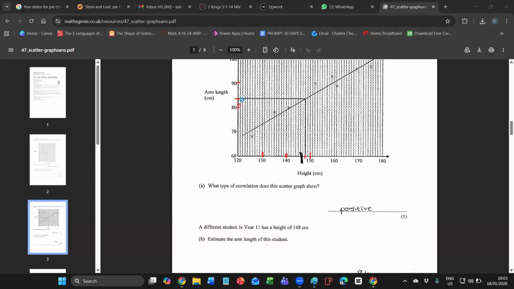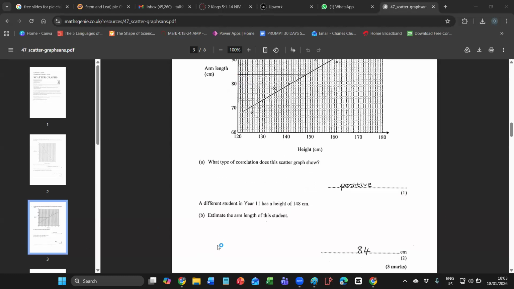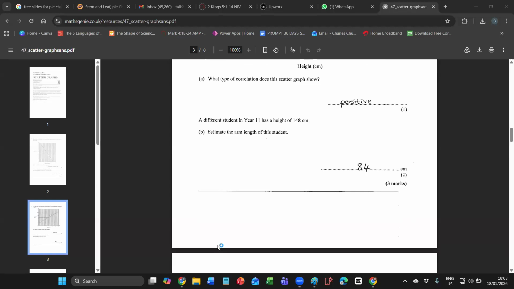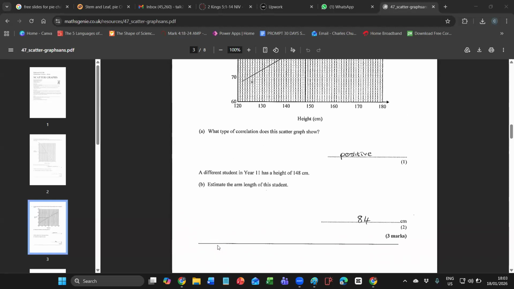Anyway, the lines are not too sharp, but it looks somewhere like 84, 85. I think the question even says it's 84. So yeah, the answer is 84. So once again, accuracy in reading your scale, understanding your scale, and then going for the right mark on the axis, so that you know where to take it off from there.